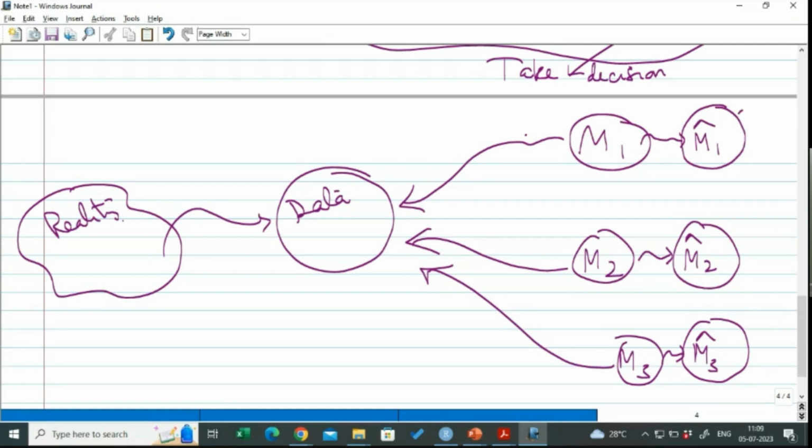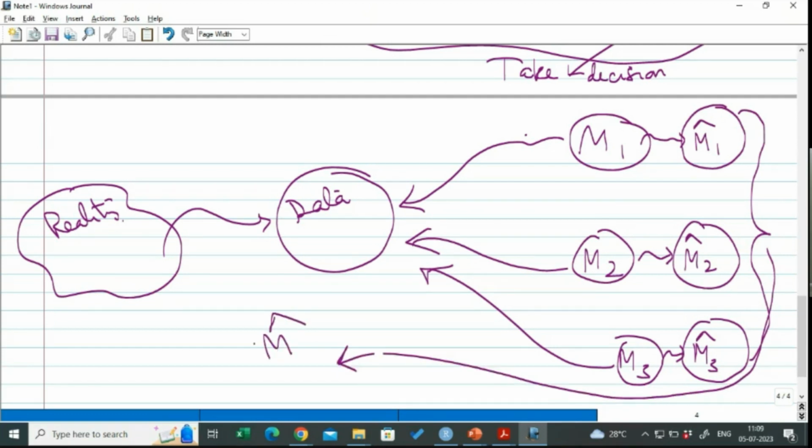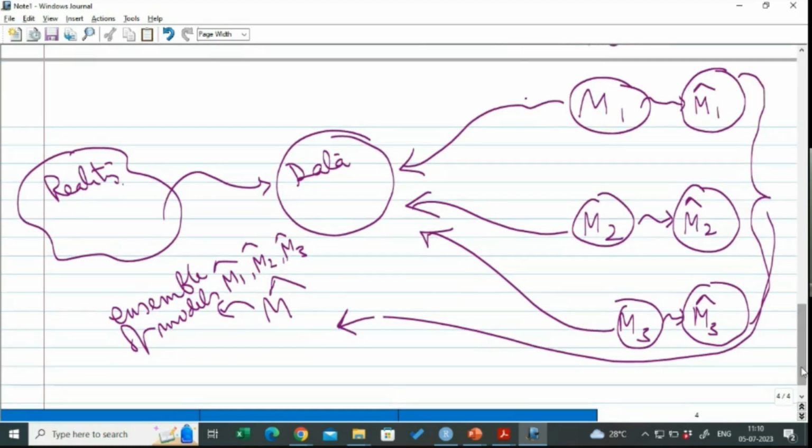Or you can combine all of these models and take another decision, M hat, which is an ensemble of models M1, M2, and M3. That is going to give you ensemble predictions. You are not able to say 100% that M1 is the most right model, and you cannot say with 100% that M2 is the right model.